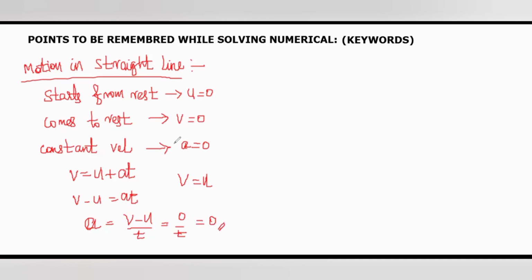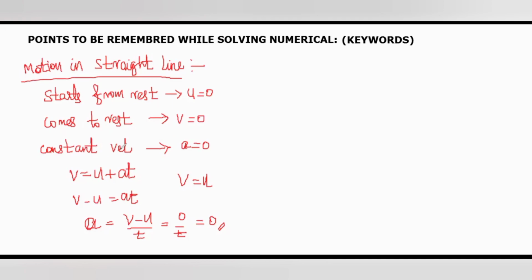Okay, so these are all the important terms we have to remember while solving the numerical in motion in straight line. If it is mentioned as start from rest, or when the object is initially at rest, then initial velocity is 0. If it is mentioned as comes to rest or being stopped or ends, then final velocity is 0.